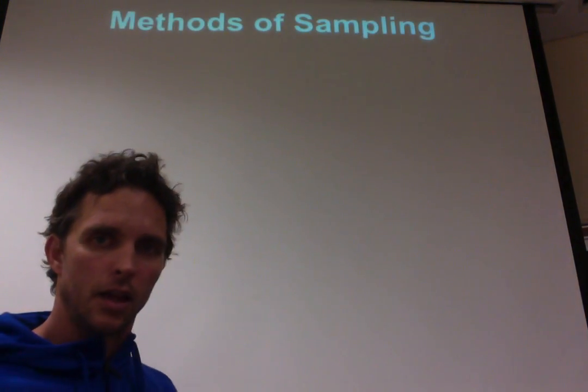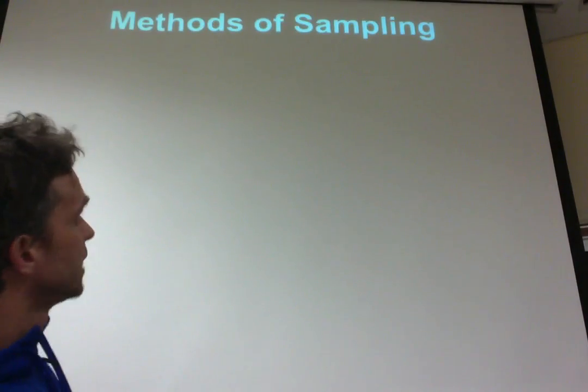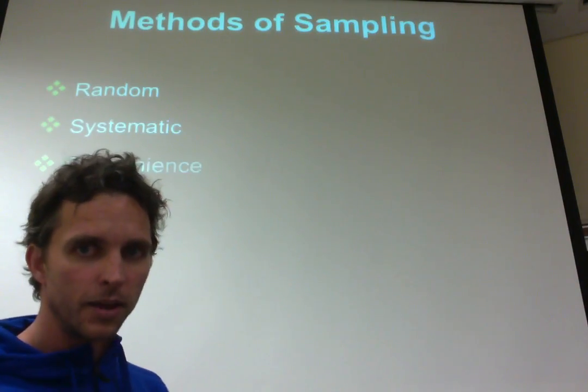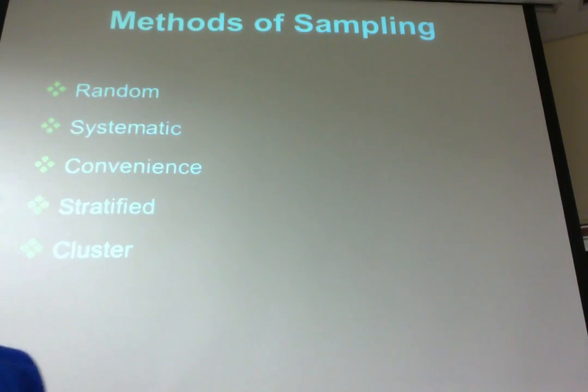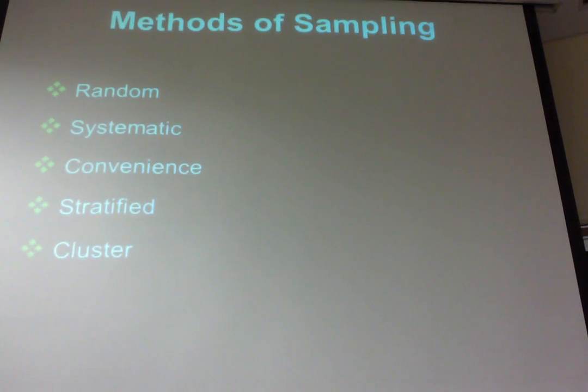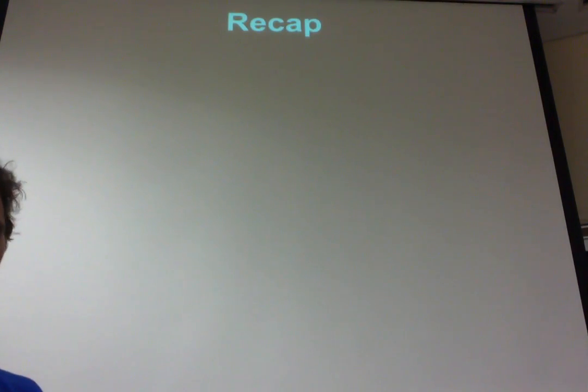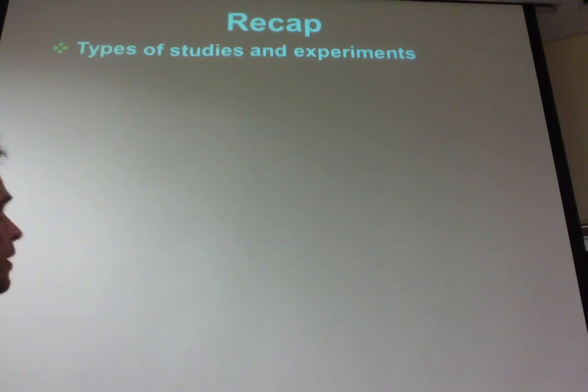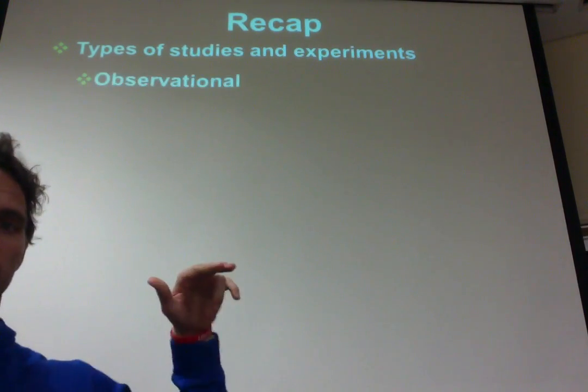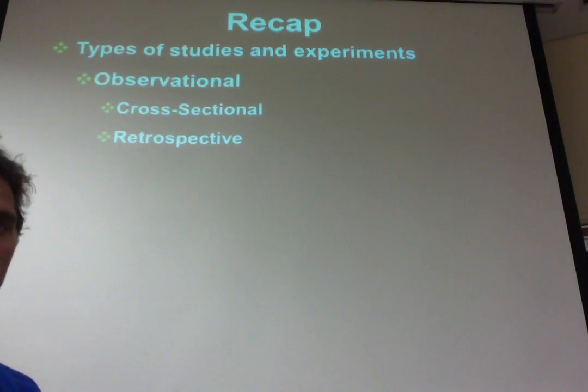So methods of sampling. We have random, systematic, convenience, stratified, and cluster. We went through all of those. And a recap. I forgot the order that I did these in. Types of experiments, we have observational and experiment, or cross-sectional, retrospective, prospective.